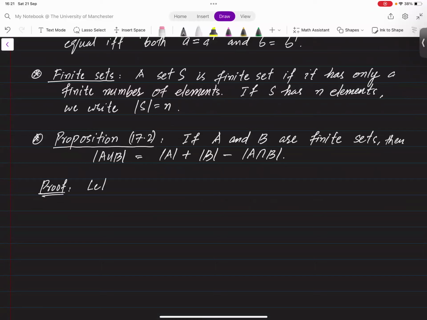Let the order of A intersection B be k. Now say A intersection B has k elements called x1 up to xk.